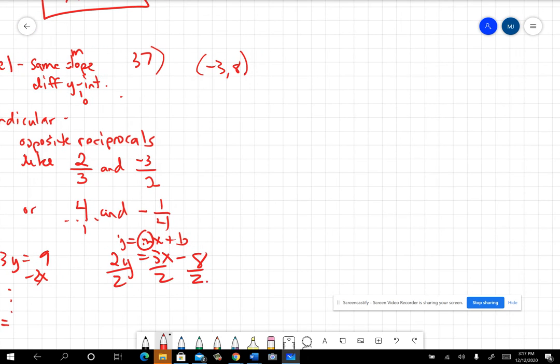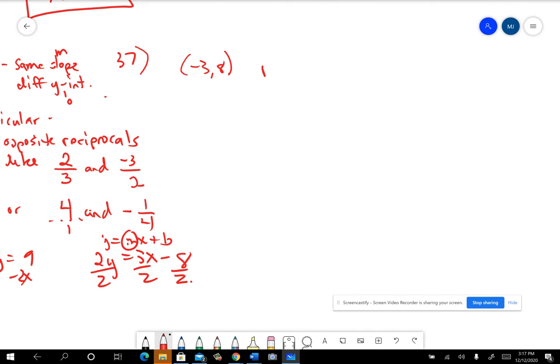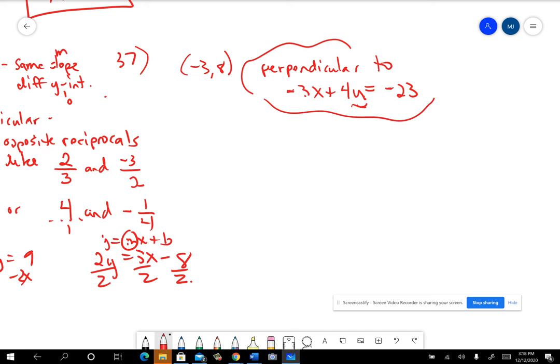Okay, so we're doing 37, passing through that point, and we want it to be perpendicular to this line over here, which is -3x plus 4y equals -23. So this part right here is how you're going to get your slope. Get slope from this. Slope only. That's all you're getting from that.